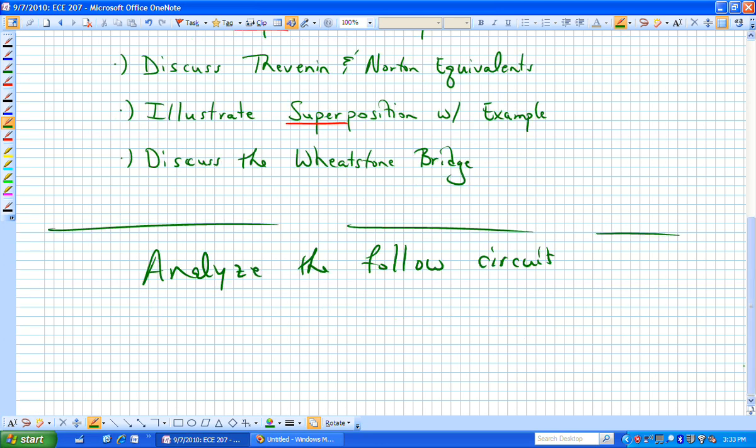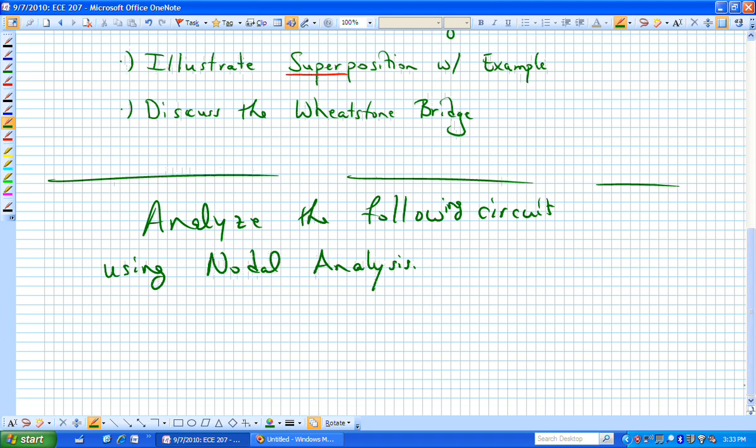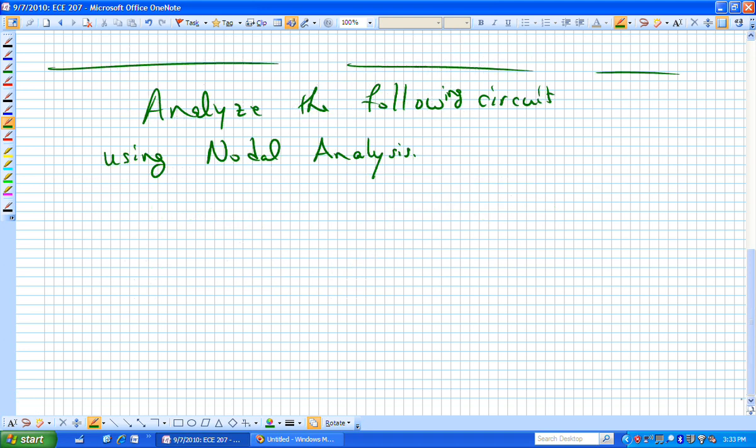Another one of those, analyze this. Analyze the following circuit using nodal analysis. And this circuit is a little different than the one that we finished with last time.